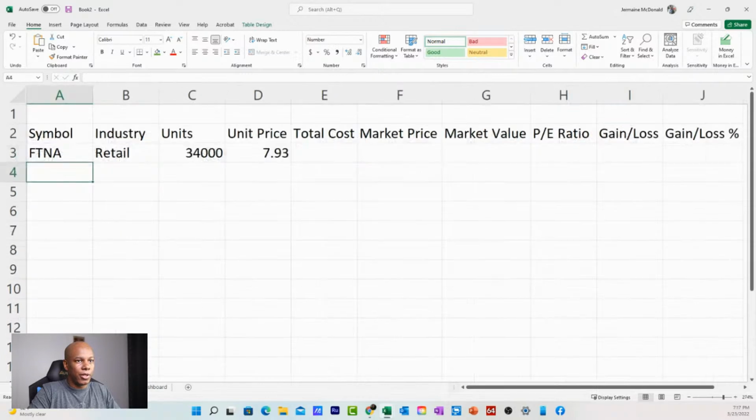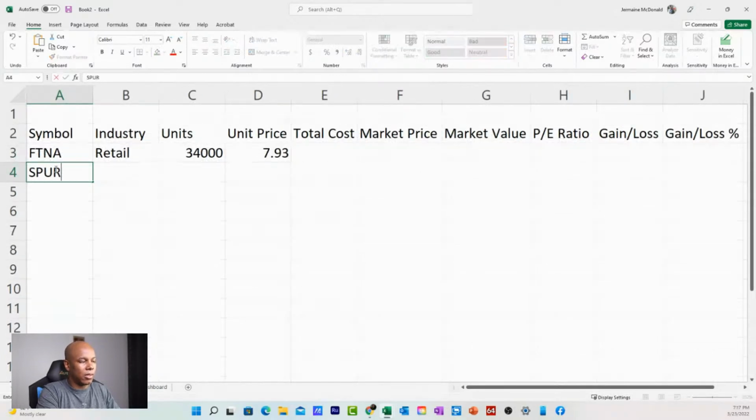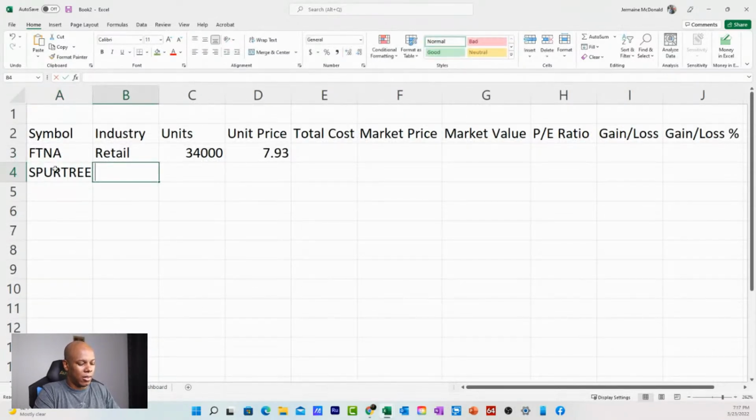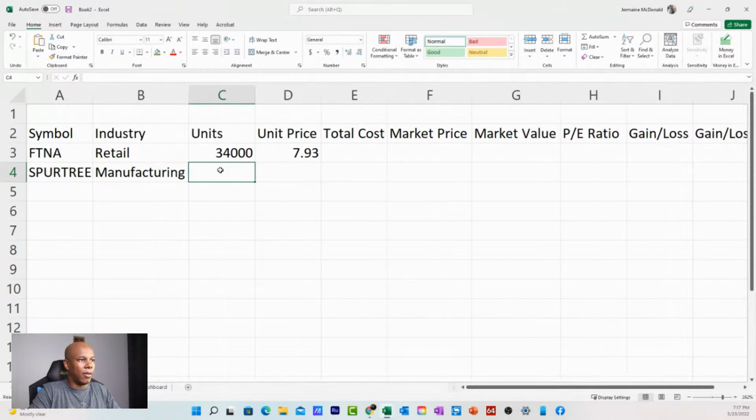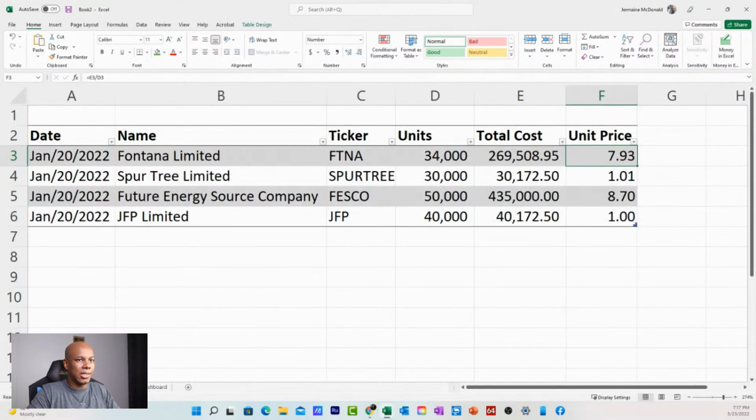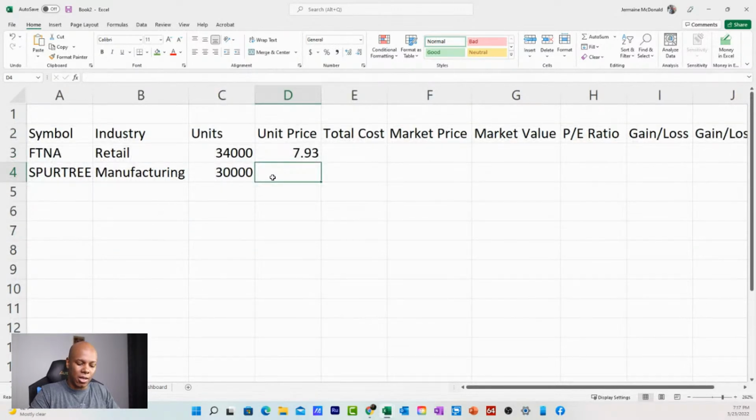And about Spur Tree, 30,000 units. This one, I know it's manufacturing. 30,000 units is what was bought. Bought it at IPO, so my average price is $1.